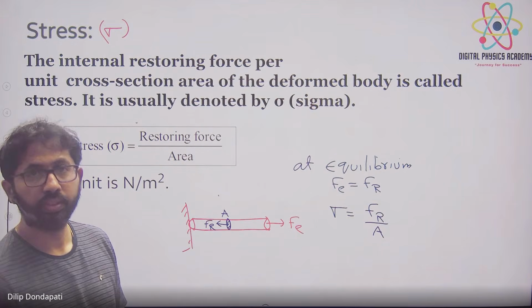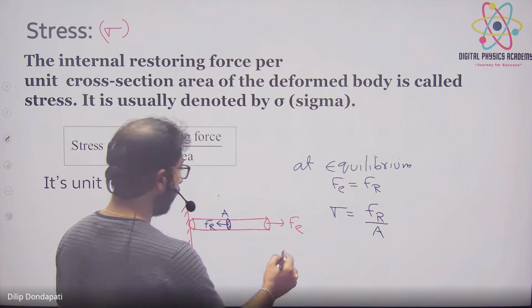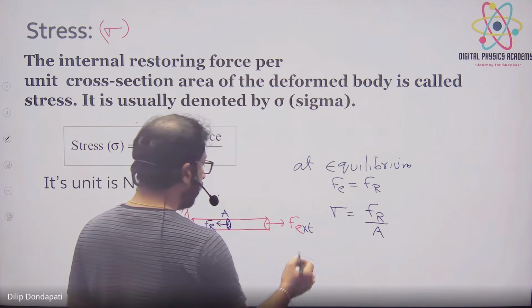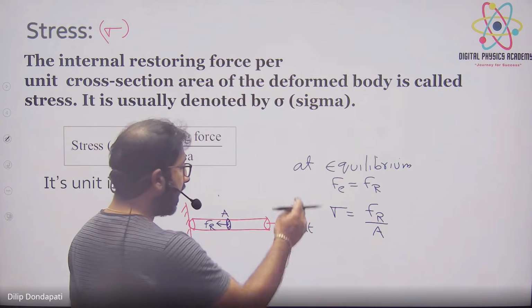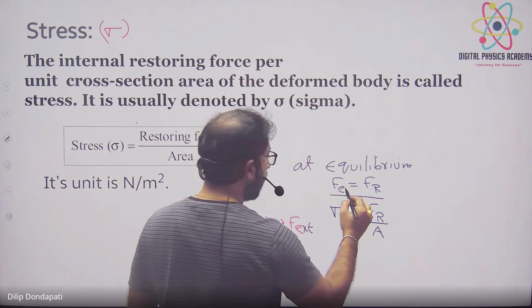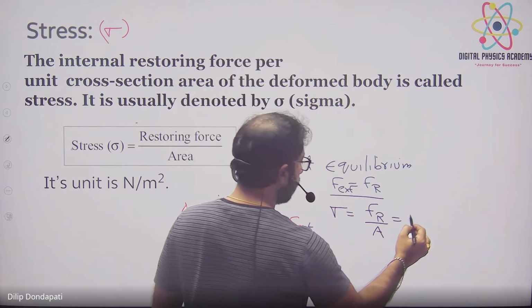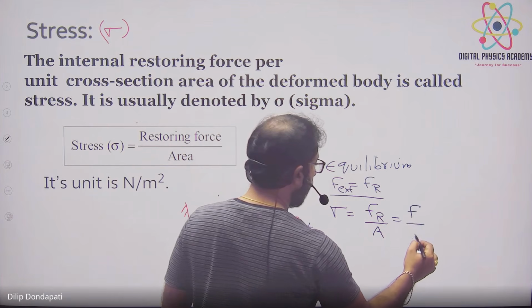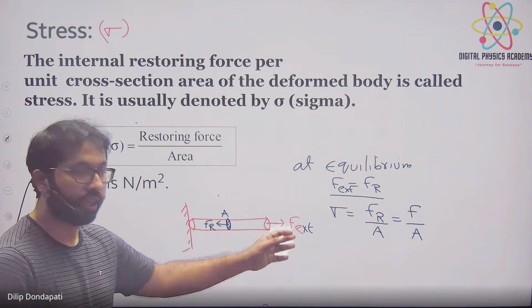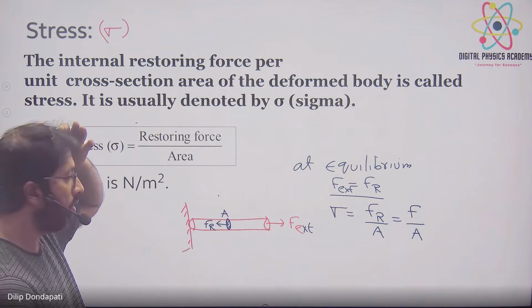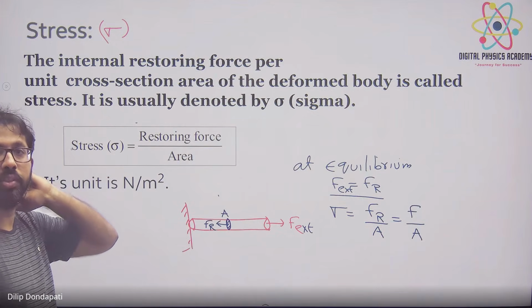What is FE? External force. So this is the restoring force per unit area, and at equilibrium, restoring force and external force are equal. Therefore, F upon area. Force upon area is called stress. That's it, force upon area we always call stress.